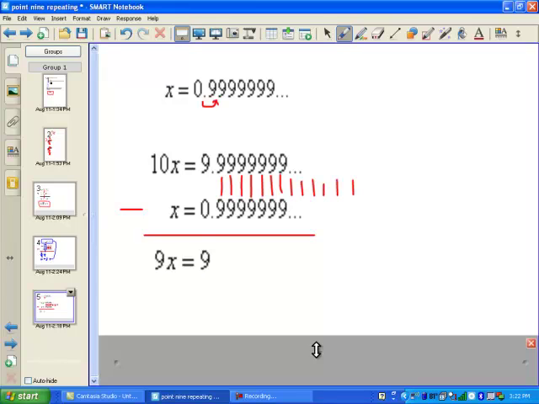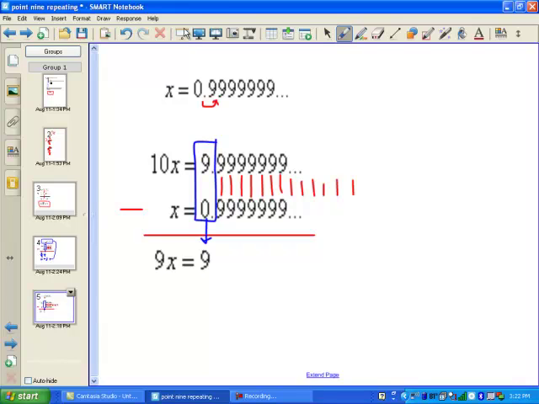So all those 9's following the decimal point cancel, leaving us with 9 minus 0, which is 9. Okay? You're probably a step ahead of me at this point, and you're ready to go right to our conclusion here, because we're going to divide both sides by 9 again, and you can see it coming. 9x divided by 9, the 9's are going to cancel out and give us x. And on the right-hand side, we've got 9 divided by 9, which is, of course, the number 1.